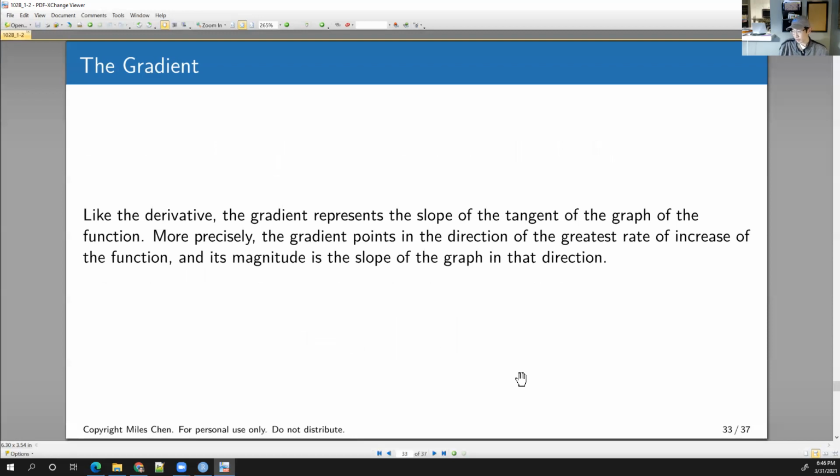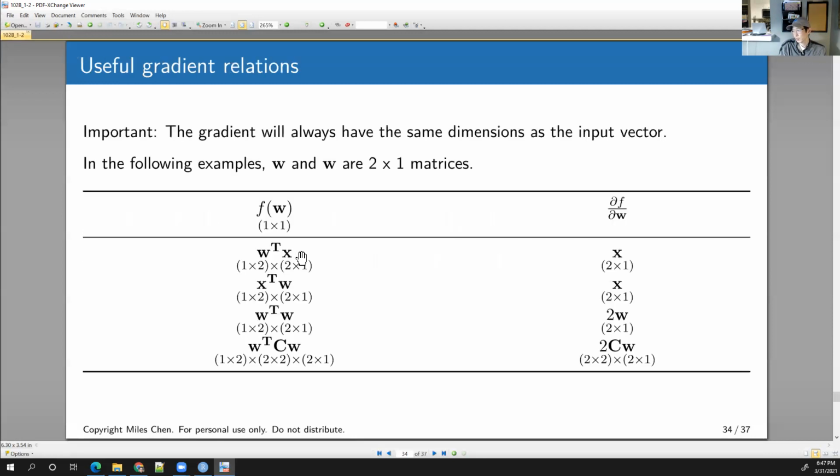Like the derivative, the gradient represents the slope of the tangent of the graph of the function, but more specifically, the gradient points in the direction of greatest increase. We call it the steepest ascent. The gradient points in that direction, and the magnitude of the gradient vector is going to be the slope of the graph in that direction.